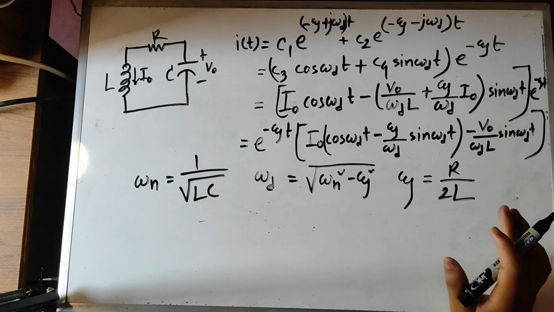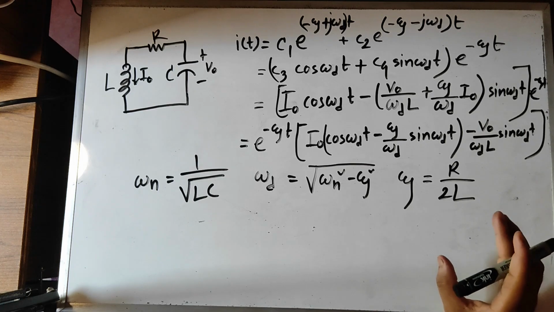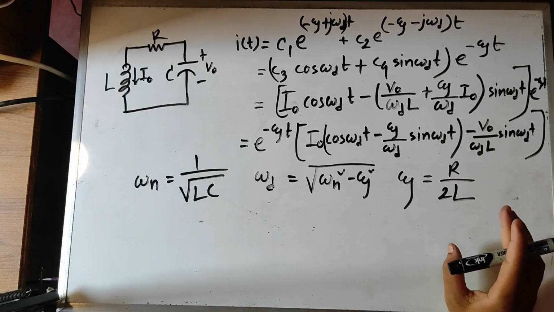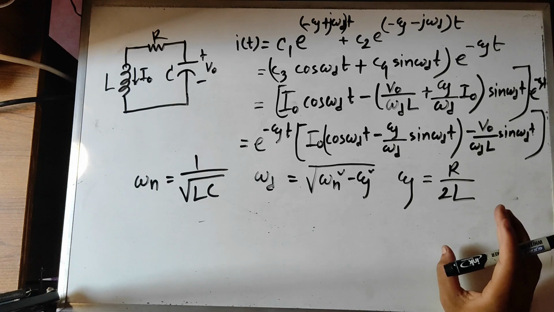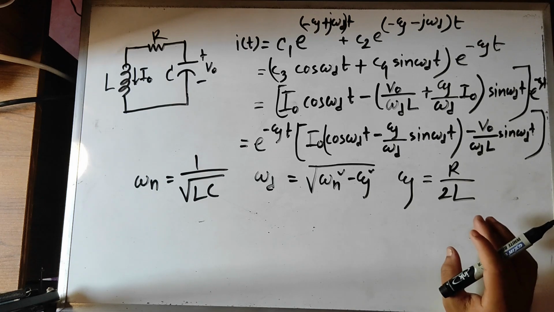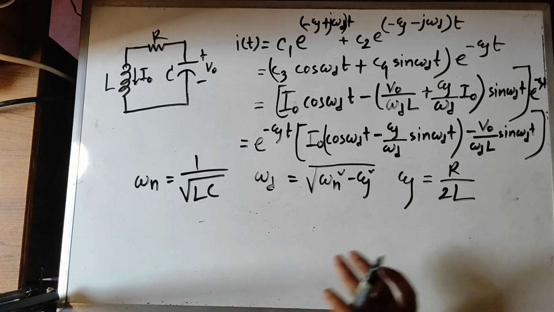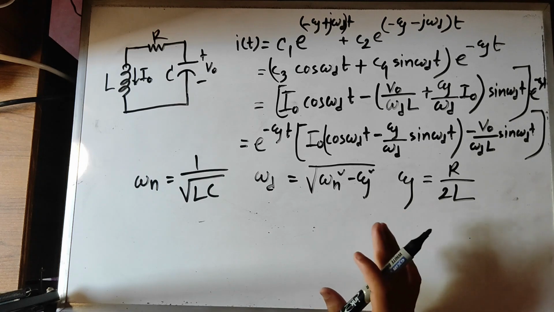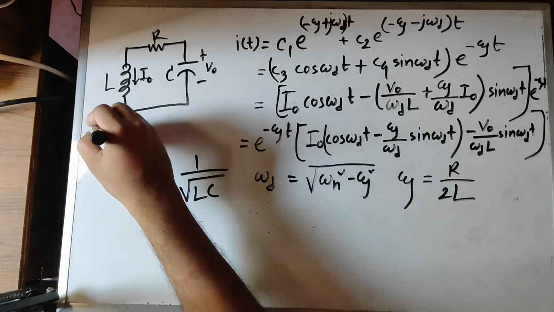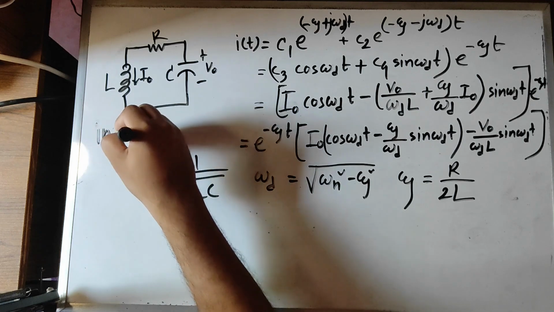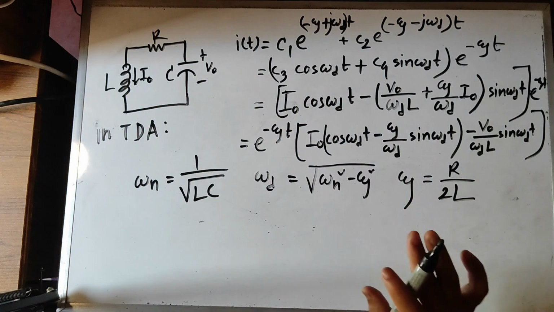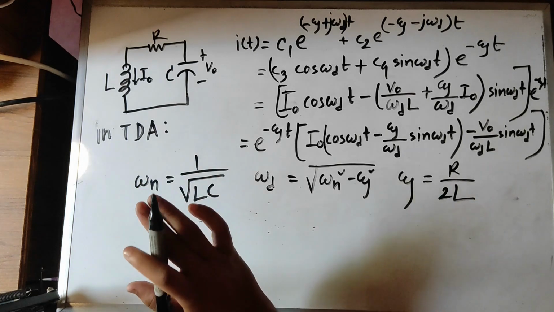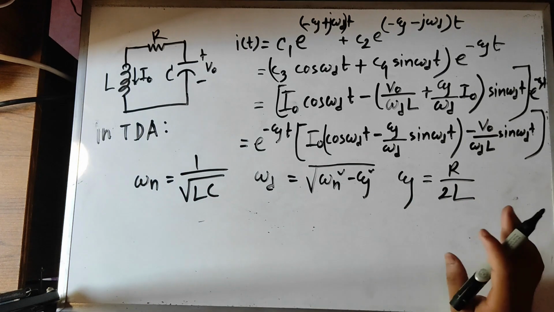If you find any mistakes, you can tell me, and I will immediately try to check it and solve it. And basically this is the full time domain analysis for the source-free RLC circuit response.